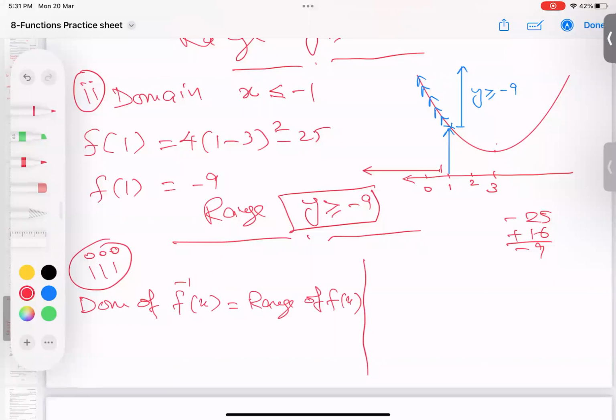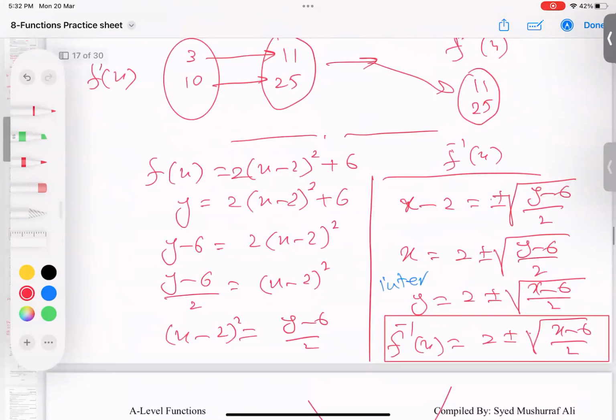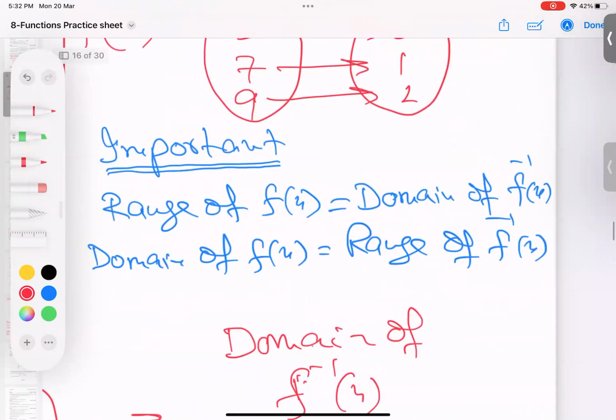One concept. Second rule, range of inverse function equals domain of function. I believe you still remember this formula. If you don't remember, I will go back and show you those two formulas, and then I start back. Okay, these two formulas I discussed.